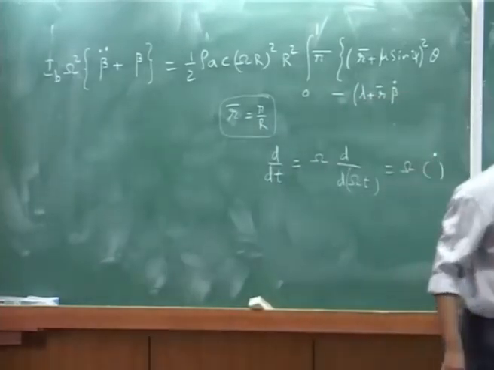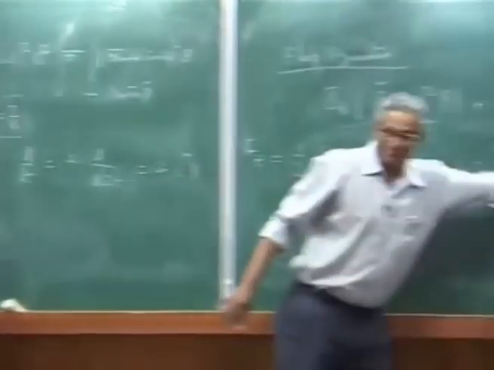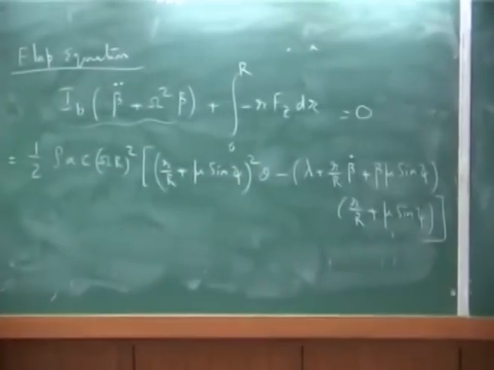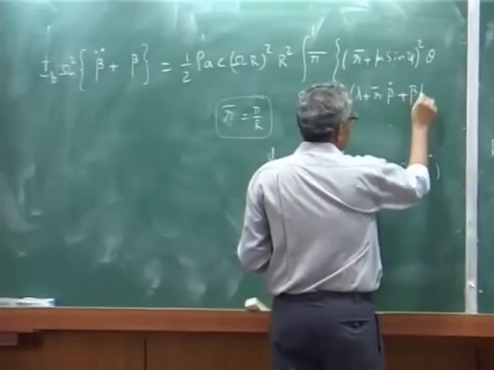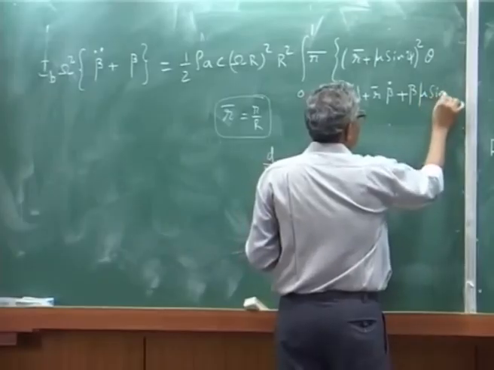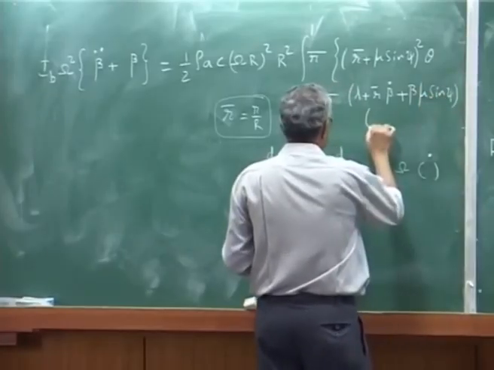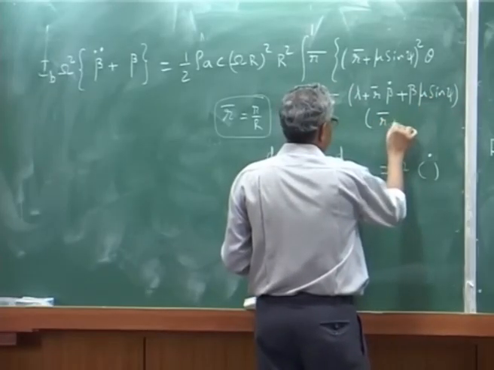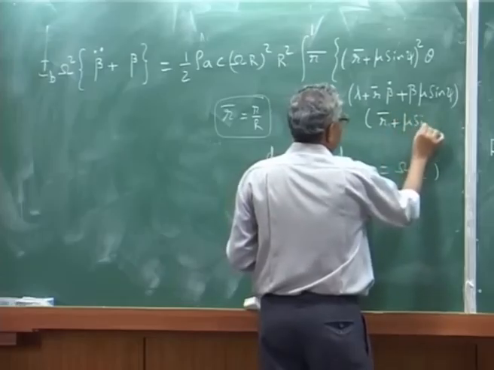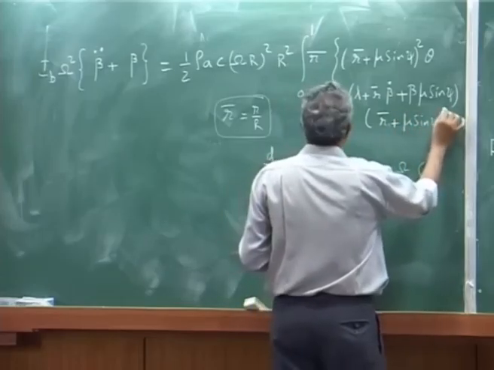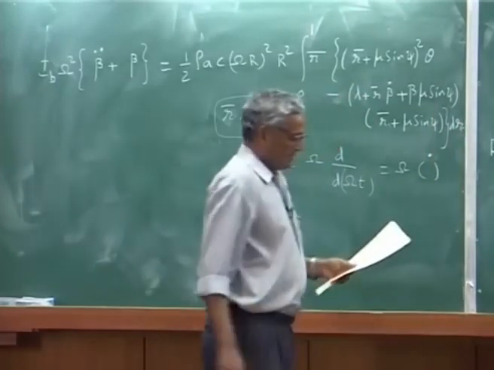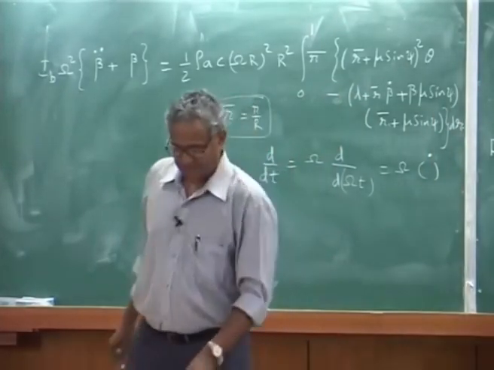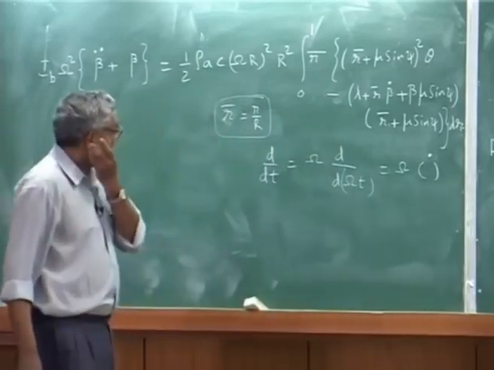This dot is as it is because this is the non-dimensional time, that dot, plus beta mu sin psi multiplied by r bar plus mu sin psi close. Okay. This is my full flap equation.